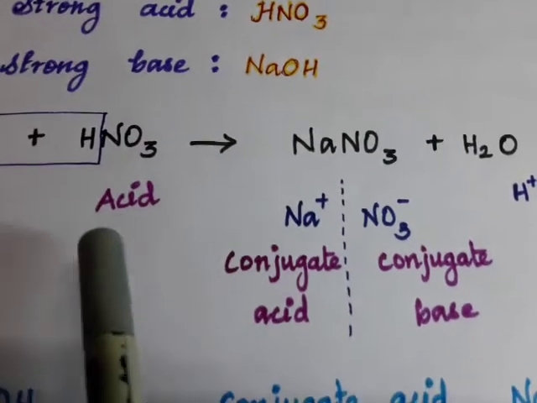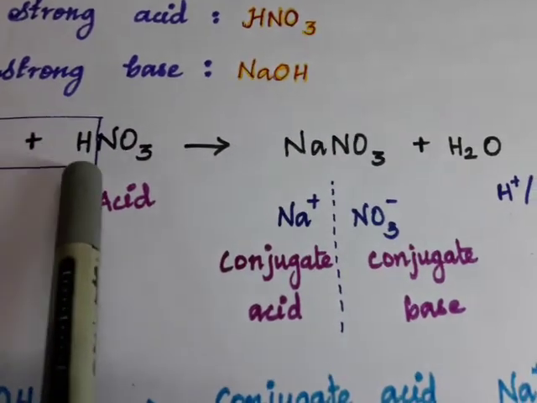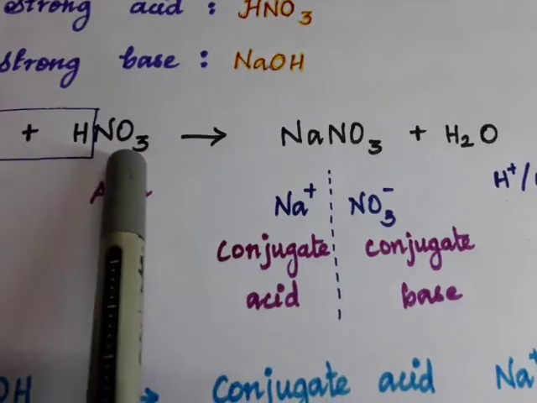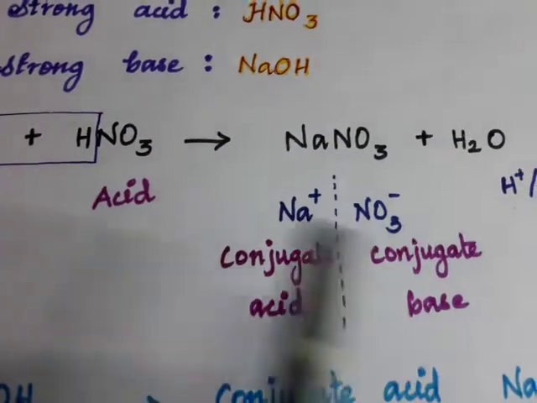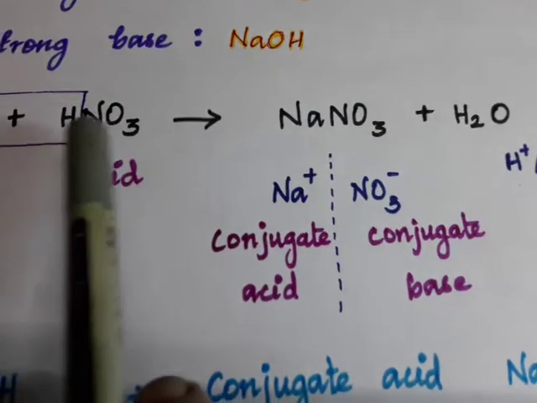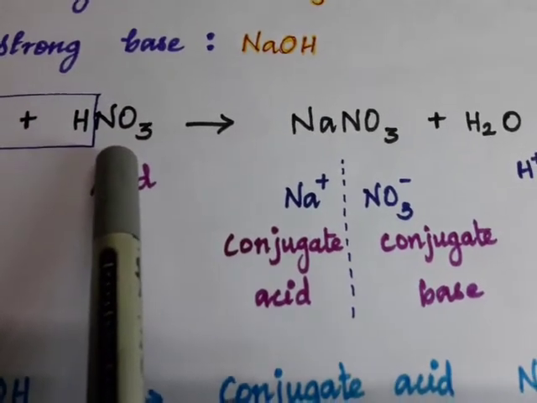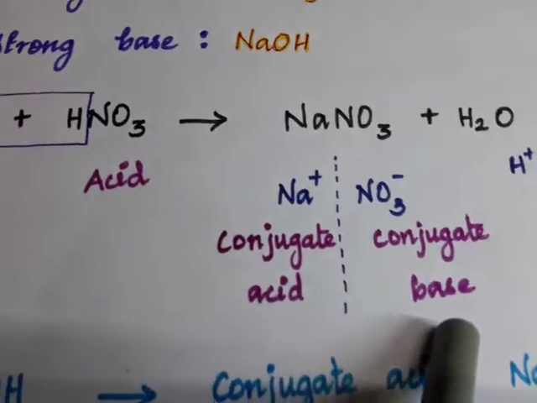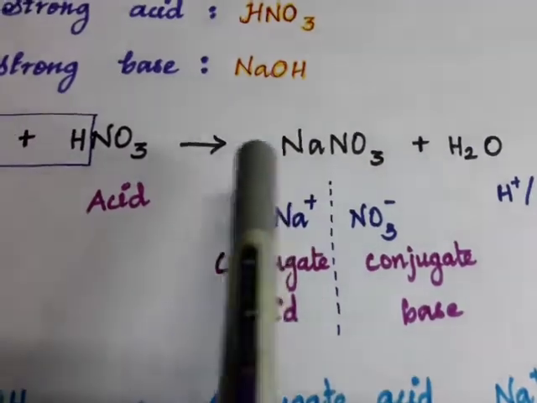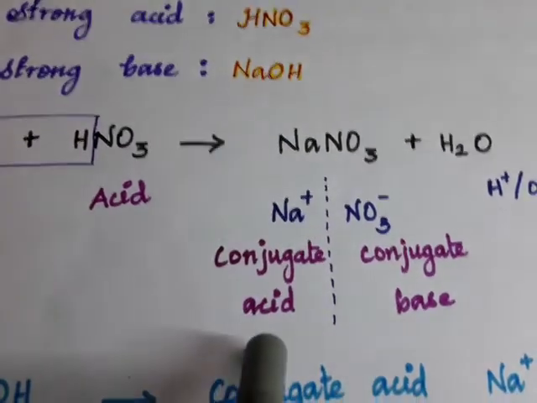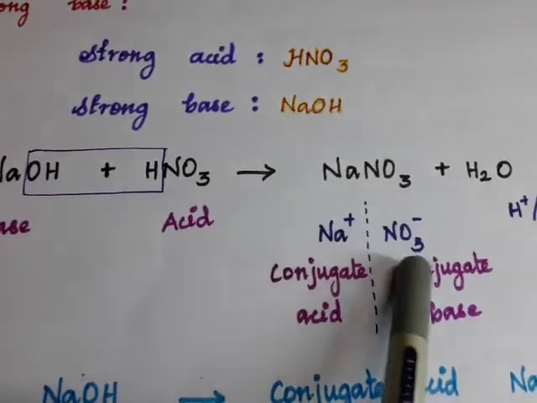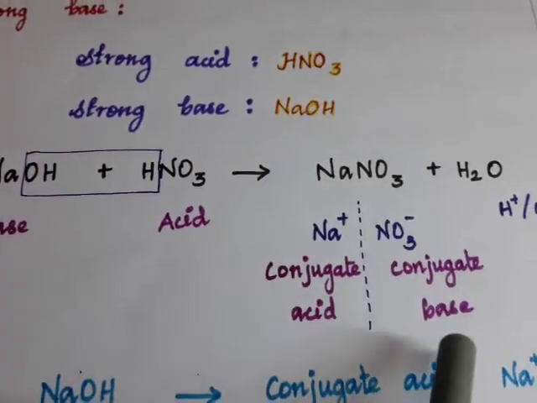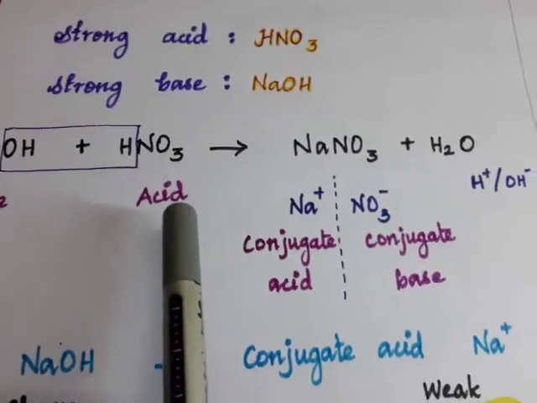In the acid, if we remove H plus ion, the remaining negative ion is the conjugate base of the acid, right? So in the salt, the positive ion is the conjugate acid of the base and the negative ion is the conjugate base of the acid.